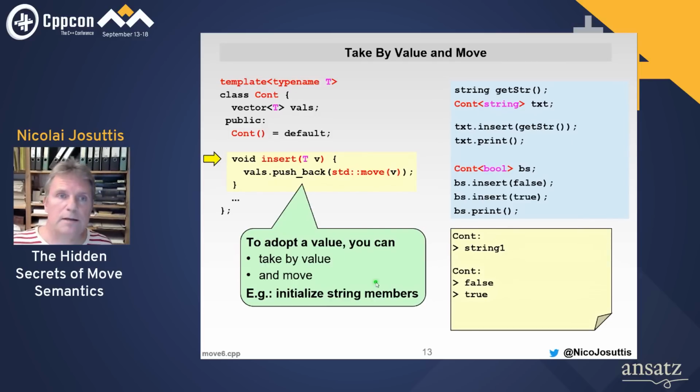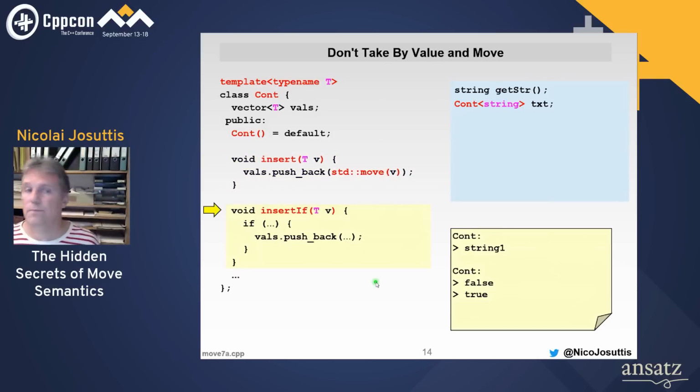However, let's look at another example. Don't do that all the time. Don't do that, for example, when moves are expensive, or in this case here, insert if. If I take a value and I don't know whether I need this value, so I have here an if condition, and to some extent I will push back, well, here between the dot dot dots, there's a v. The dot dot dots I use here because we might need a move or not.